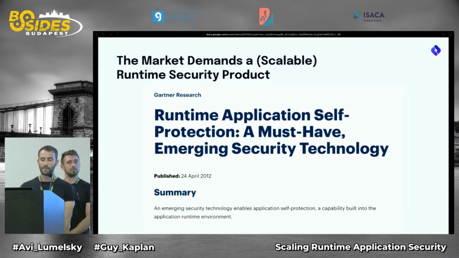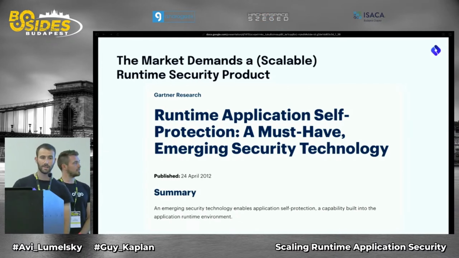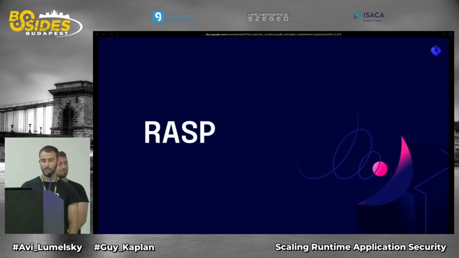RASP was the first solution that emerged in the market that attempted to provide a solution for application attacks in production. And spoiler, it's working, but it's far from perfect. But before we can dive into why, let us introduce RASP: what it is, how it works, and why we think it failed.